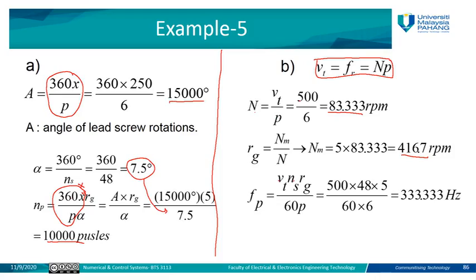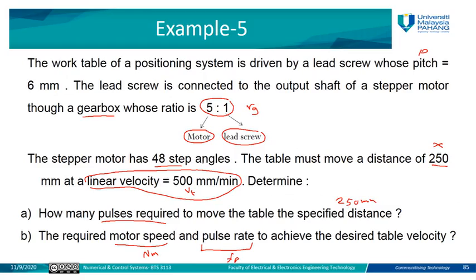So we just substitute to find the frequency, which is 333.333 hertz. Okay, so this will be the frequency, the pulse rate, to achieve the desired table velocity, which is 500 millimeter per minute.